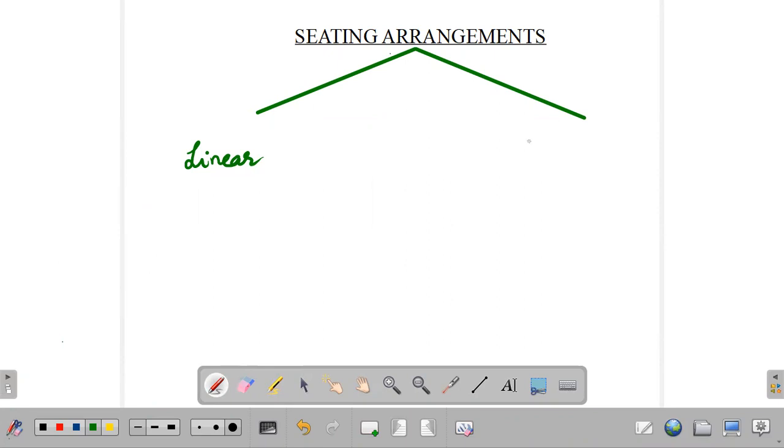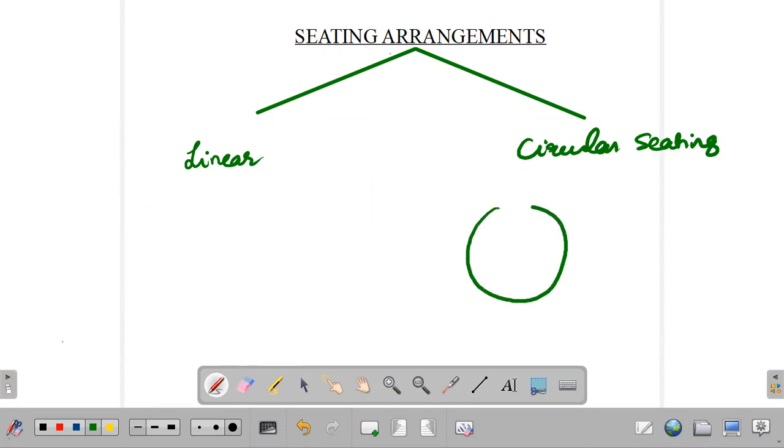And then the next one, I would rather say circular seating arrangement. But I am not confining this discussion only to people sitting around a table.